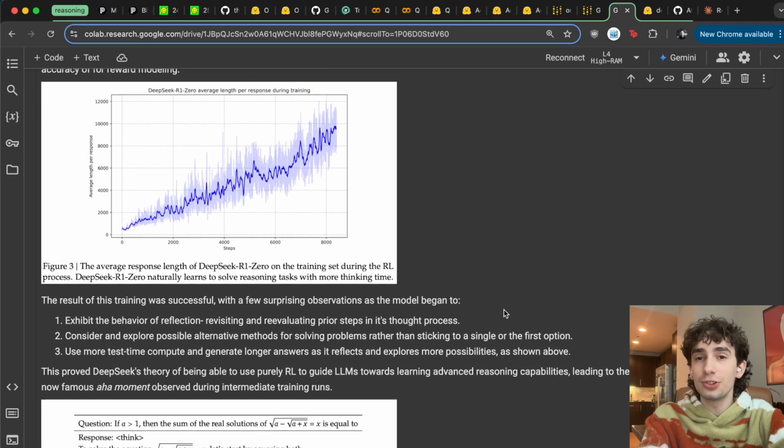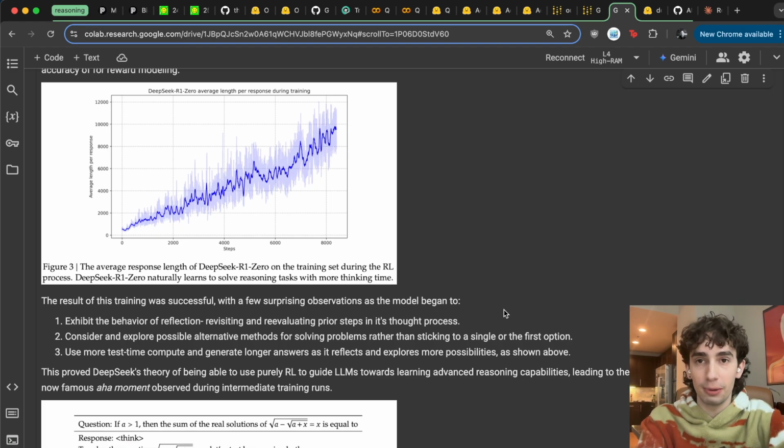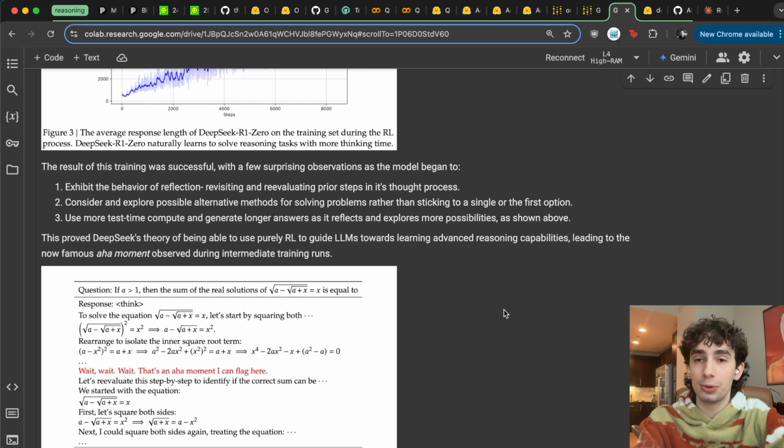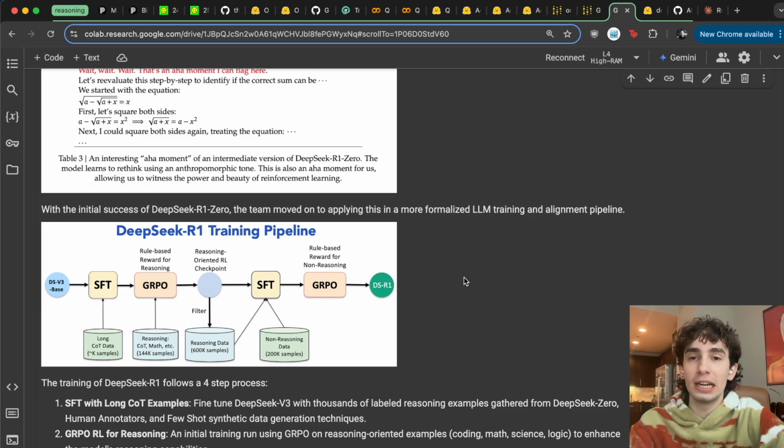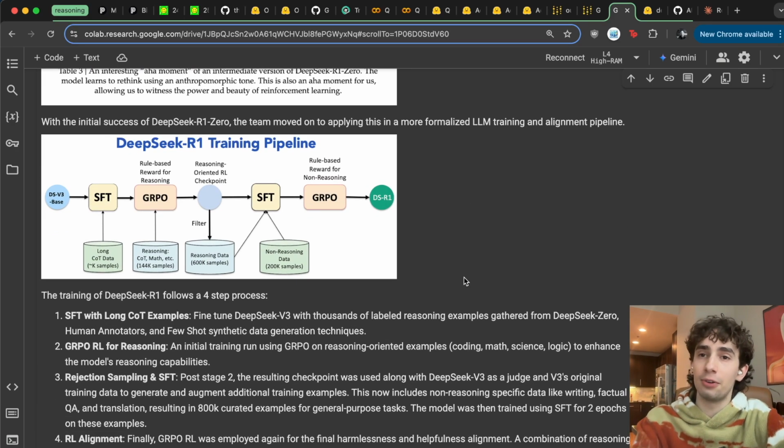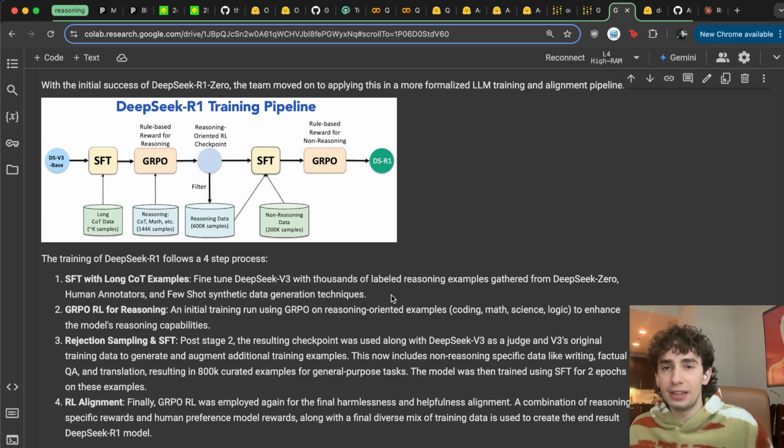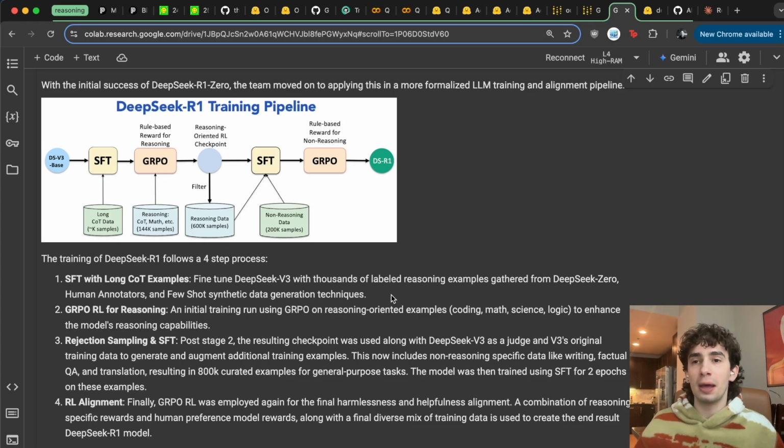So with this initial success and showing that GRPO works, given the data set to instill some reasoning capabilities naturally into a language model, they started to use it in a more formalized training pipeline to create what we now know as DeepSeek-R1. The full R1 training pipeline followed a 4-step process.